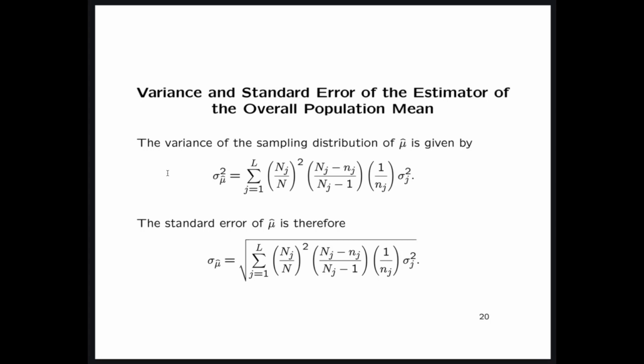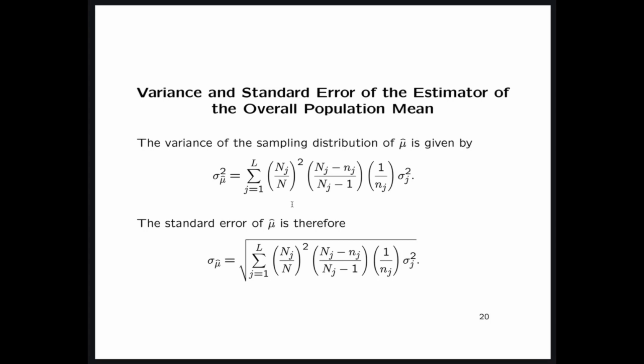So given that, the variance of the sampling distribution of mu hat, the point estimator of mu, is given by this expression, this sum. It's a sum, j going from 1 up to cap L. So we're computing some things for each stratum, and then we're adding those values up.